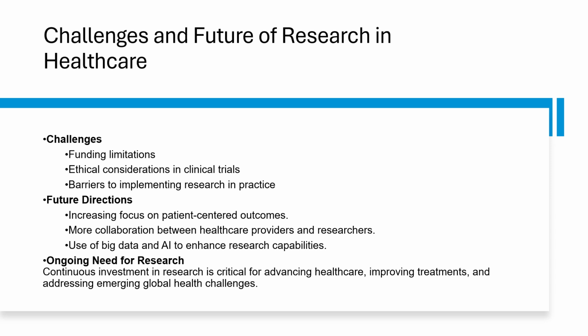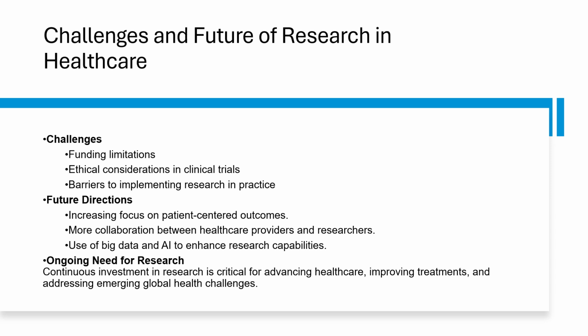The future directions: increasing focus on patient-centered outcomes and more collaboration between health providers and researchers. For example, if you're working in an educational institute and conducting scientific research, you need to have a collaboration with healthcare sectors.